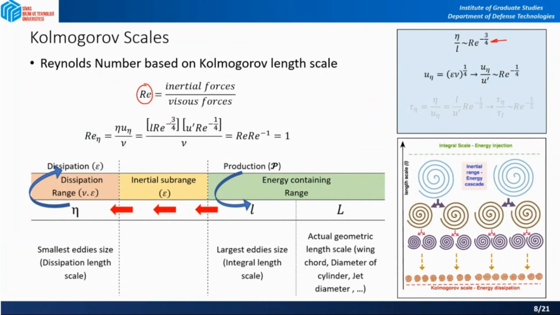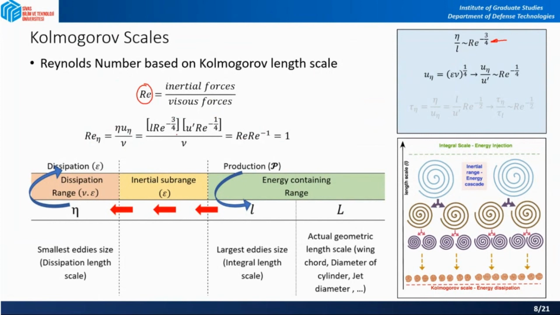Now that we know the length scale and the velocity scale, we can substitute, and at the end of the day we will find this. So the Reynolds eta is the Reynolds number of the smallest eddies in the domain.